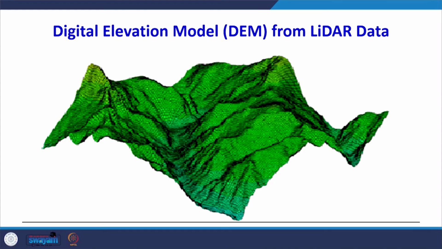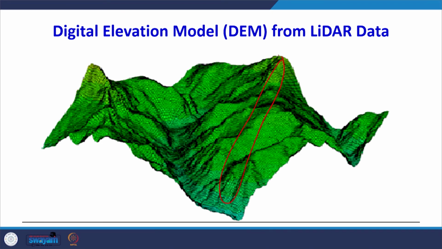In civil engineering projects, we are no longer doing planning in the 2D environment. Earlier we were using topographical maps, which were 2D representations of the 3D earth, but nowadays we are using digital elevation models. This is one example where a digital elevation model has been created from lidar data. With this elevation model, you can understand the topography of the ground very well, because with your normal eye you can see the peaks on the ground.